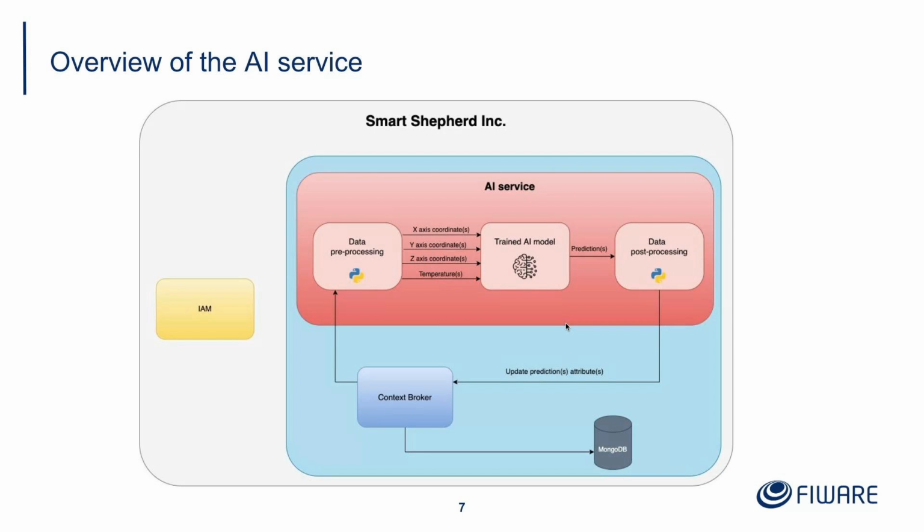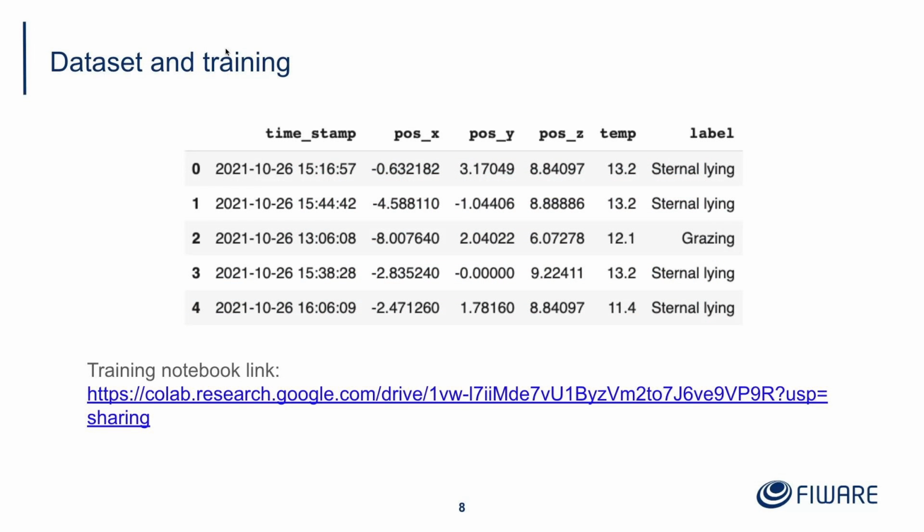And now I'd like to present the data set which we used for the training. Basically, the features or the columns of this data set are the timestamp and the XYZ coordinates of the animal.